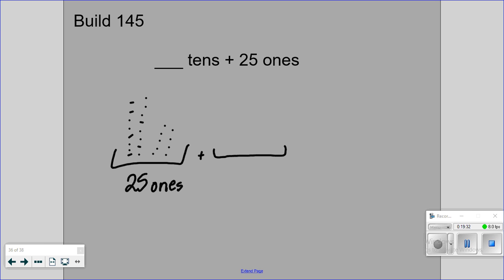35. Here's 35, because I started at 25 and I added 10 more. 35, 45, 55, 65, 75, 85, 95.